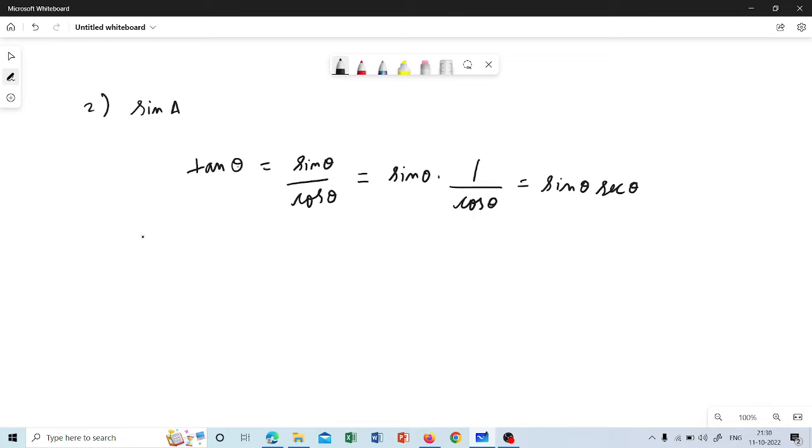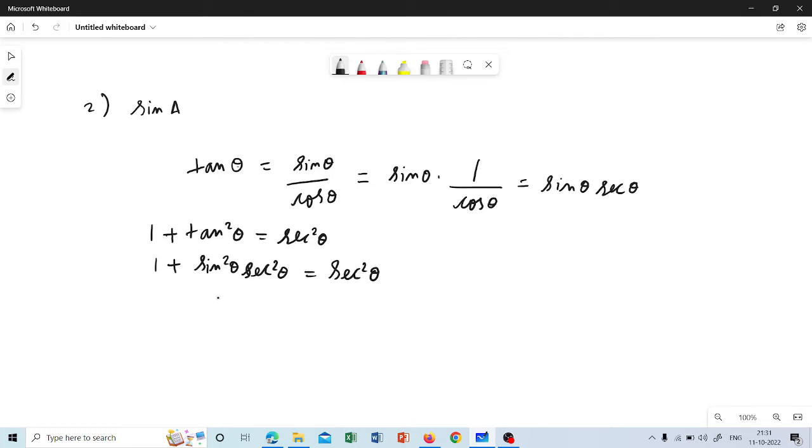Now I will use the same expression, 1 plus, now using the identity tan square theta is equal to secant square, because we don't want the cos term in the denominator, so directly I can use it. So it will be nothing but 1 plus sine square theta into secant square theta is equal to secant square theta.